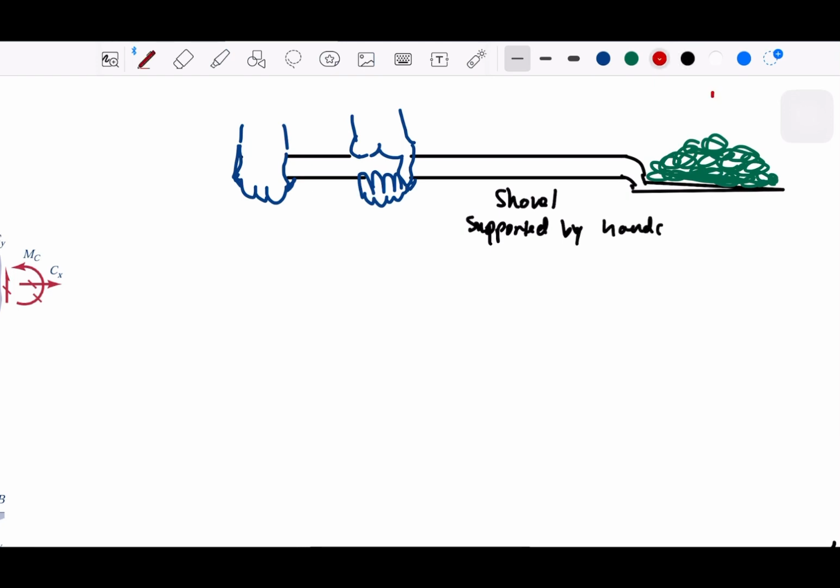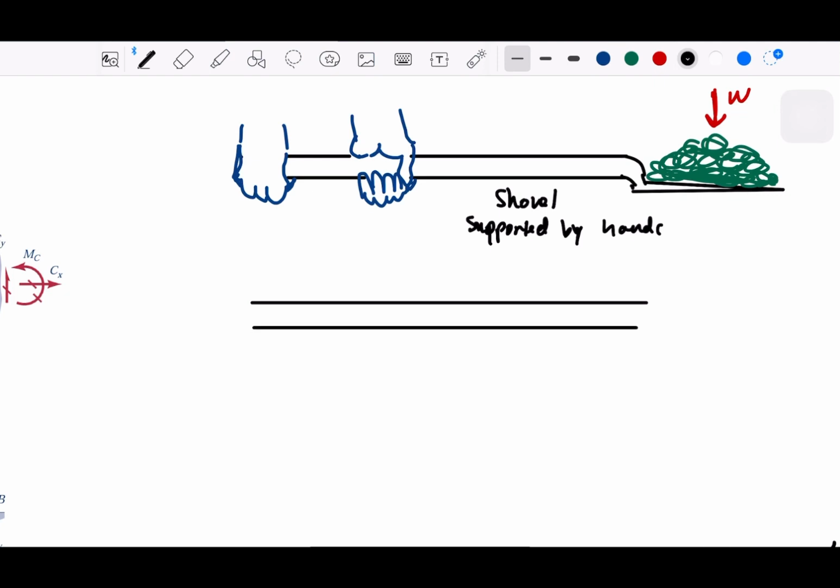So you have a weight here, right, which is maybe some certain value. And then we could take this and look at the forces that are going to be defined.